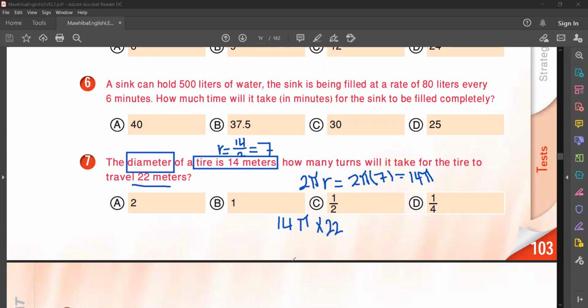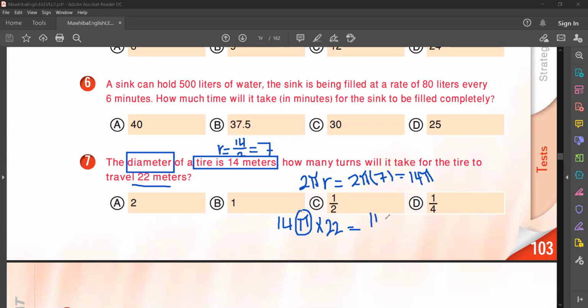We can also substitute for pi to find it without pi.